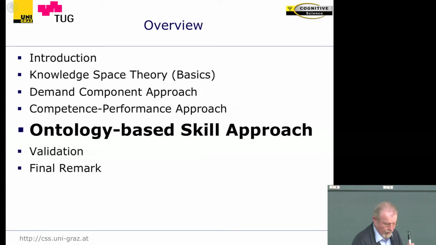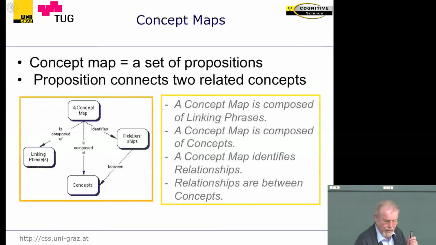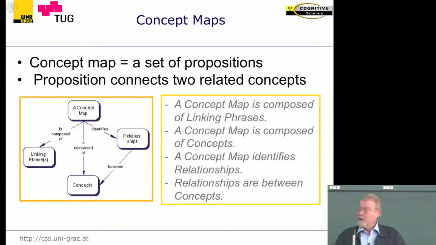So let's come to the ontology-based skill approach, which is in some sense a specialization of the competence performance approach. Some of you already know what a concept map is. It's a set of propositions, and the propositions connect two related concepts.